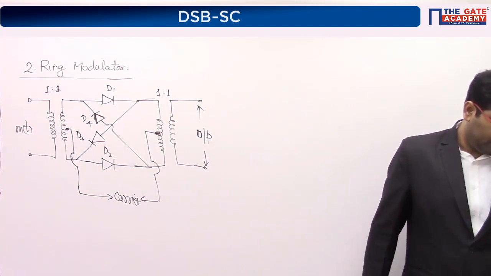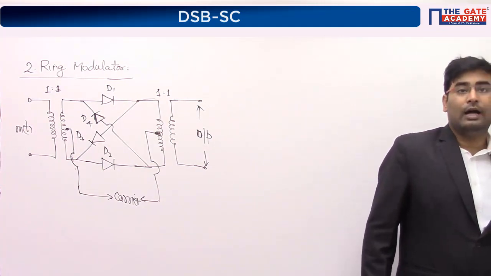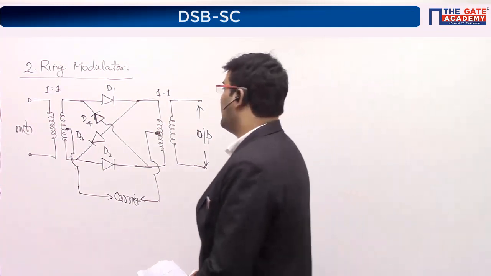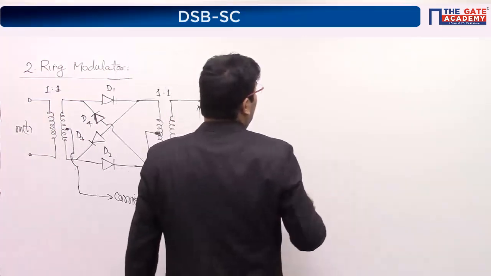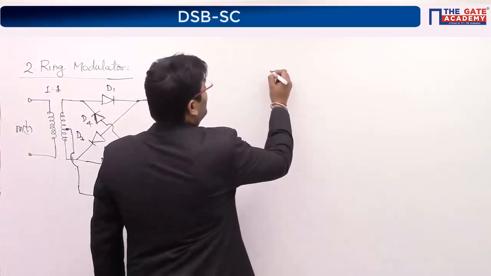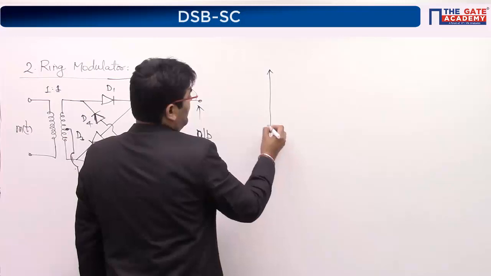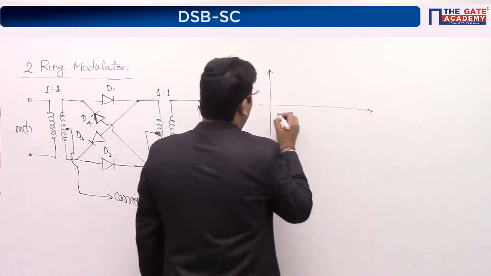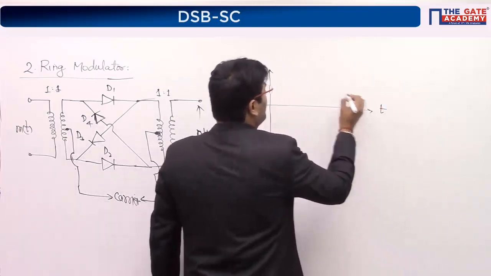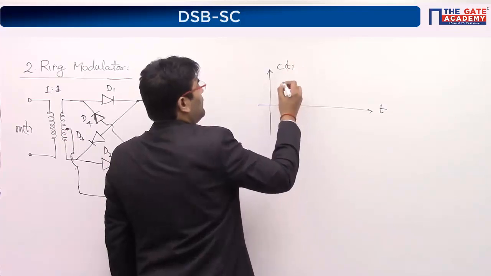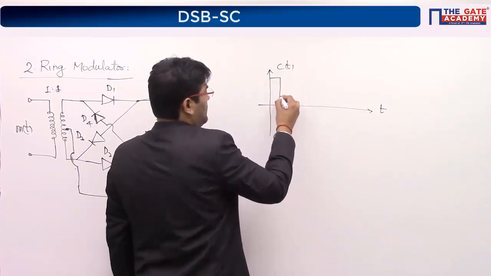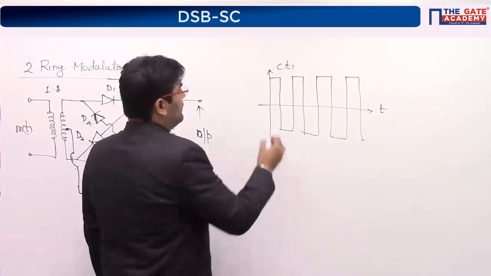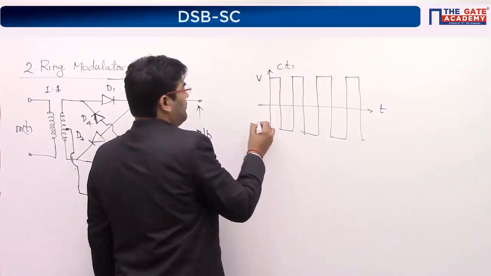Done? Okay. Now guys, I'm going to draw the carrier signal. It is not our conventional carrier signal, it is a little different. It is a square wave, c(t), something like this. You can call it V and minus V.